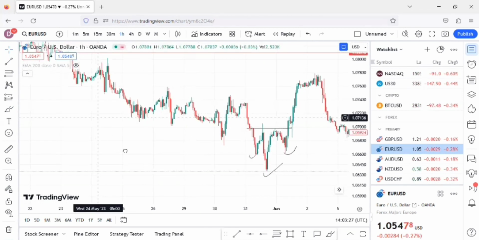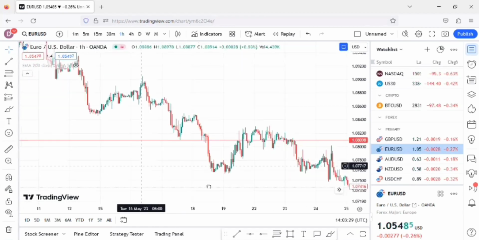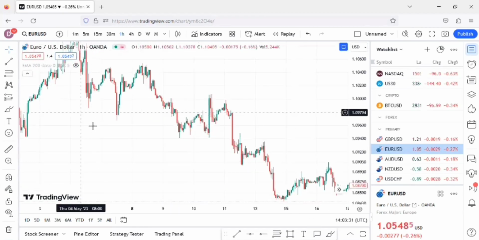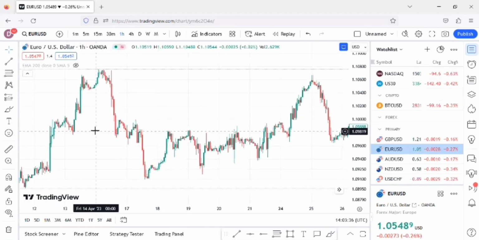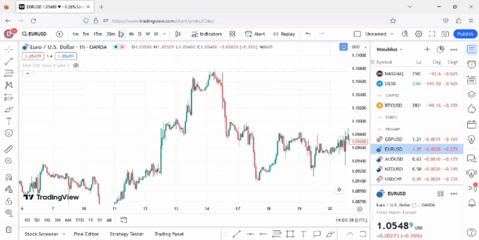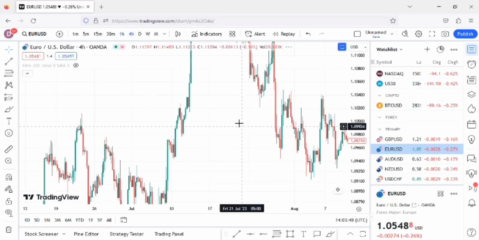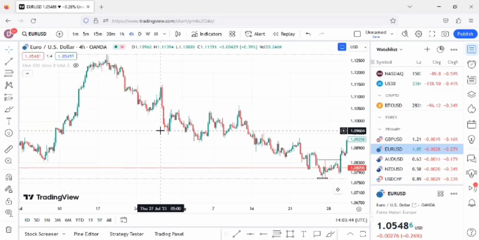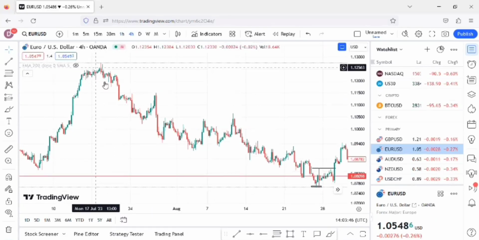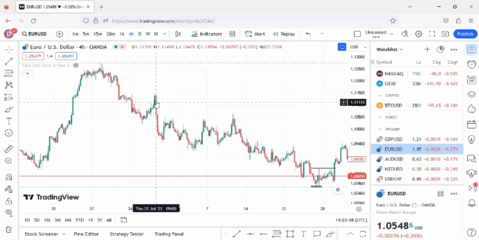So now let us look out for a continuation pattern. A continuation pattern like this one, now in a downtrend. What happened here?